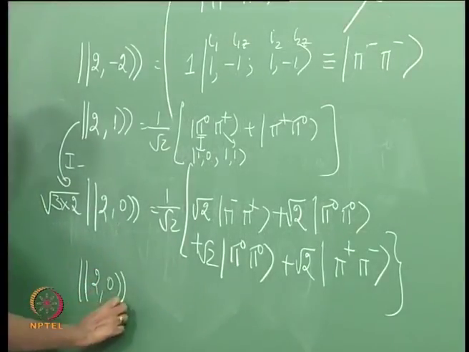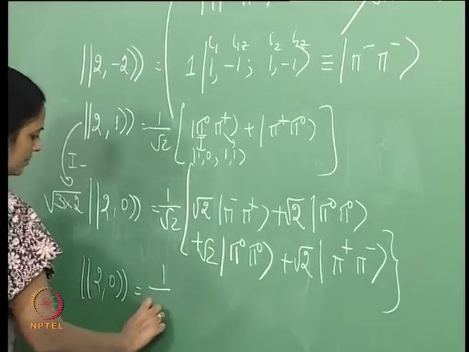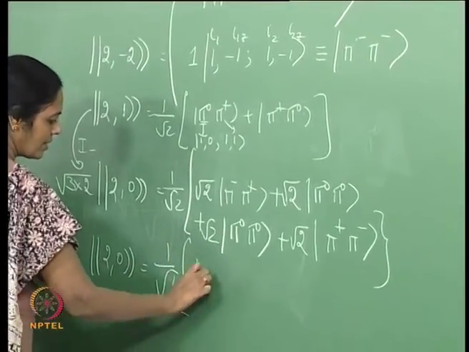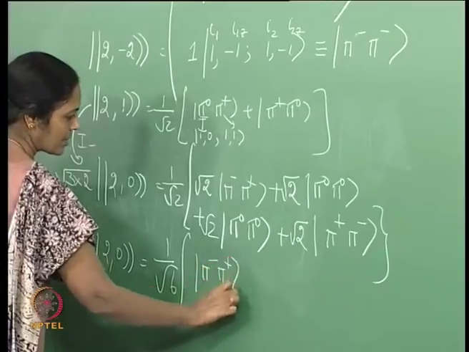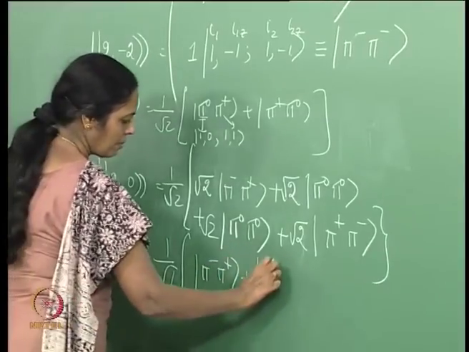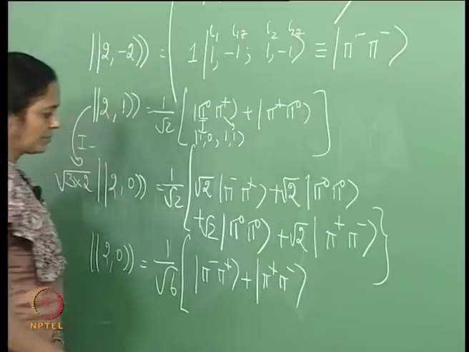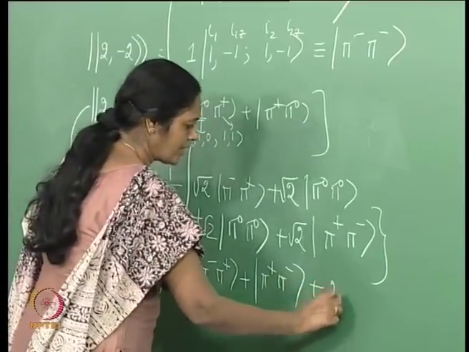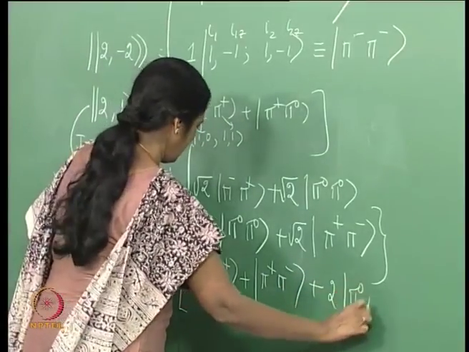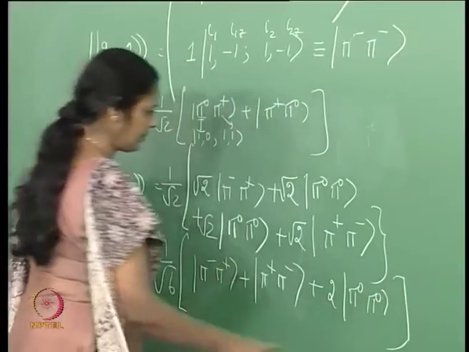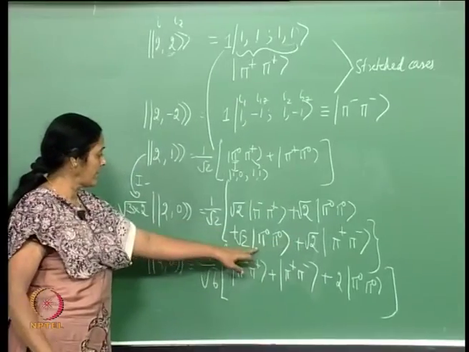I have 2 comma 0 is 1 by root 6 pi minus pi plus plus pi plus pi minus plus twice pi 0 pi 0. There is a pi 0 there and a pi 0 here.